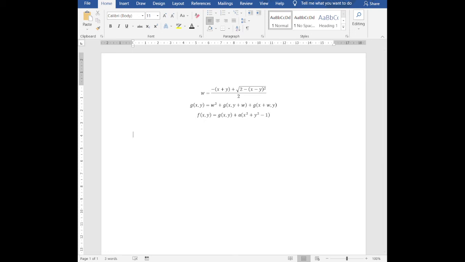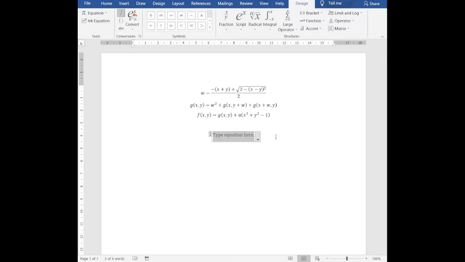So, let us assume that we have a function g of x and y, which is a solution to this problem. Let us define the function, let's call it capital F, of x and y, and say that that is equal to this.